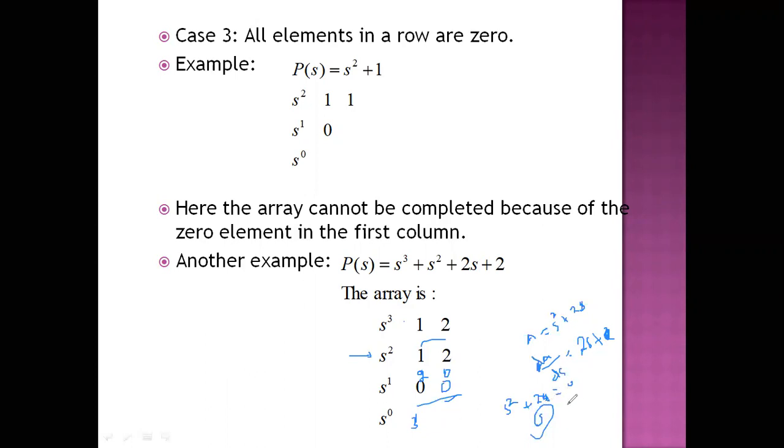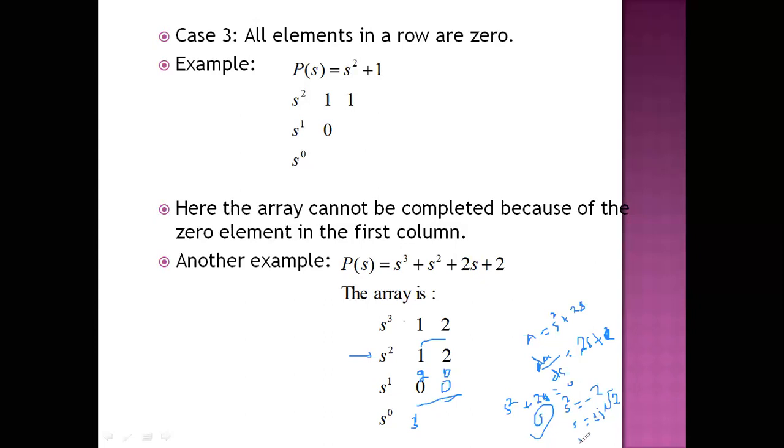So from the auxiliary equation, s square equal to minus 2, then s is equal to plus or minus j root 2. There are two poles lying on the imaginary axis, so the system will be naturally oscillatory.